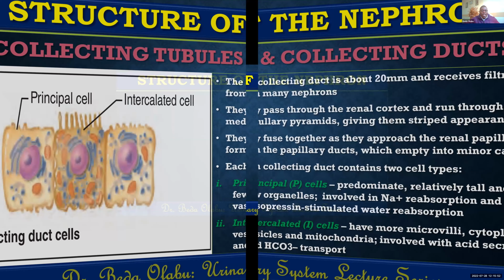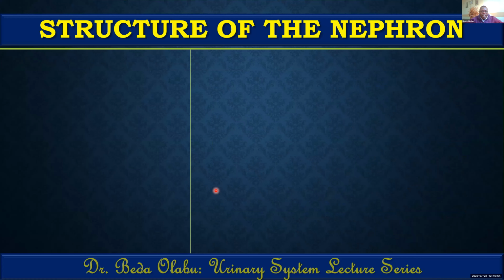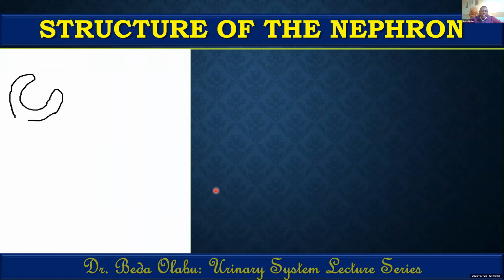Great, so we've described the nephron, but let's make a summary of what we've said about the structure of the nephron. We've mentioned that the nephron has a region called the renal corpuscle, which consists of the glomerulus with an outer layer, the parietal layer, and an inner layer, the visceral layer, which envelops each capillary.